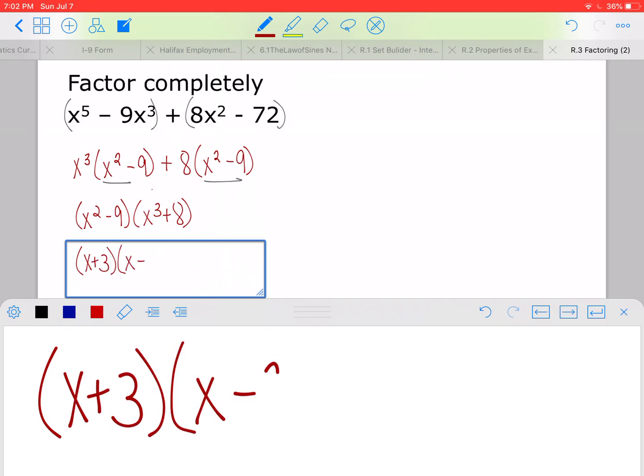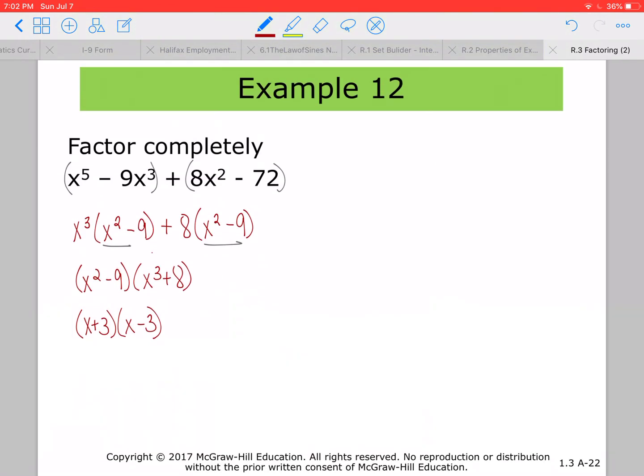Now, check out the x cubed plus 8. Is that a difference of squares? No. Is that a sum or difference of cubes? Yes, because 8 is 2 cubed, so we can factor this even more.